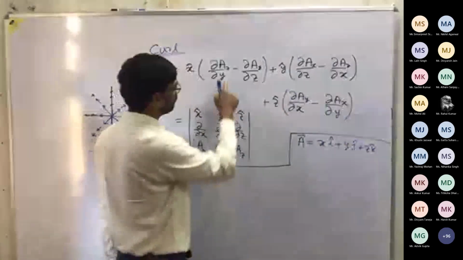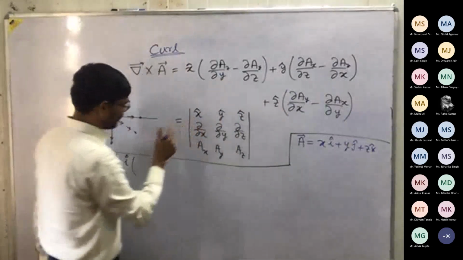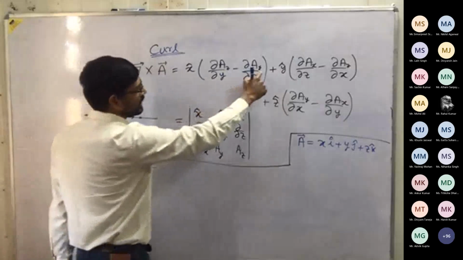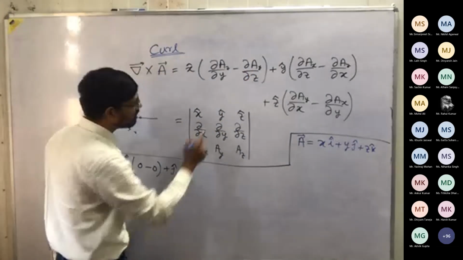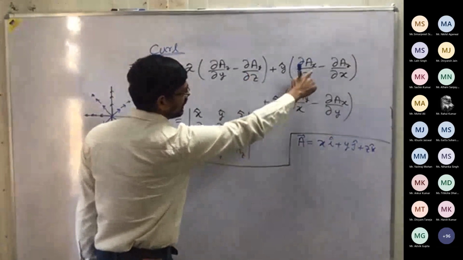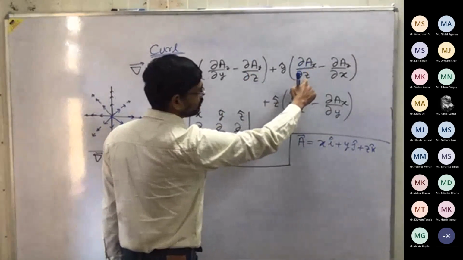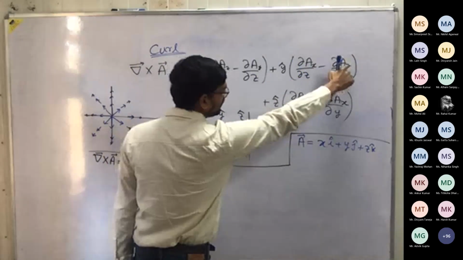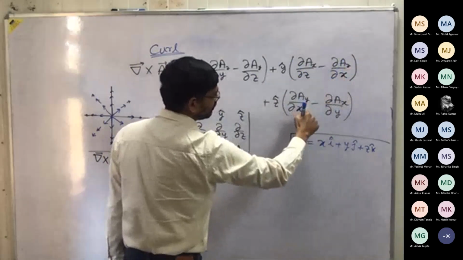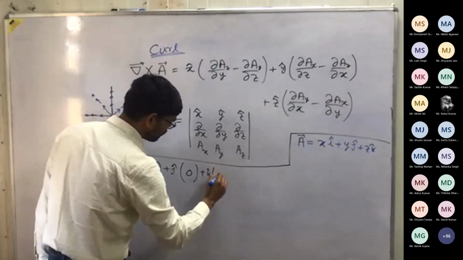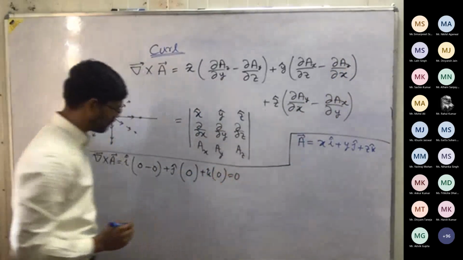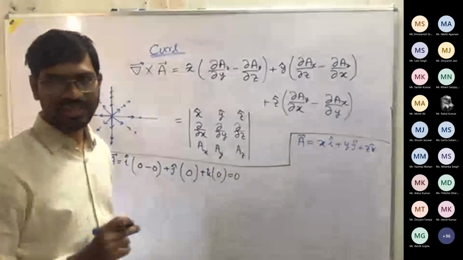Az is z, so the derivative with respect to y is 0, minus Ay is y, derivative with respect to z is 0. And then Ax is x, so the derivative with respect to z is 0. Again Az is z, derivative is 0. So this is 0. This is actually the null vector.